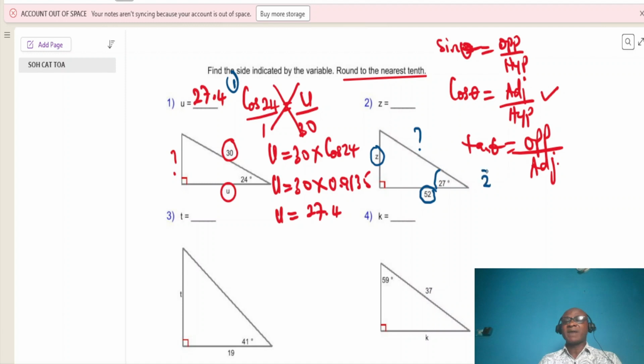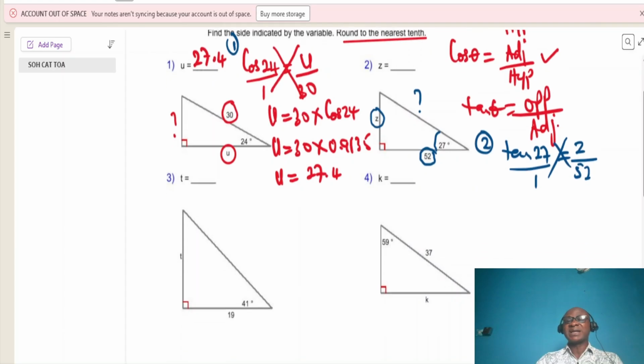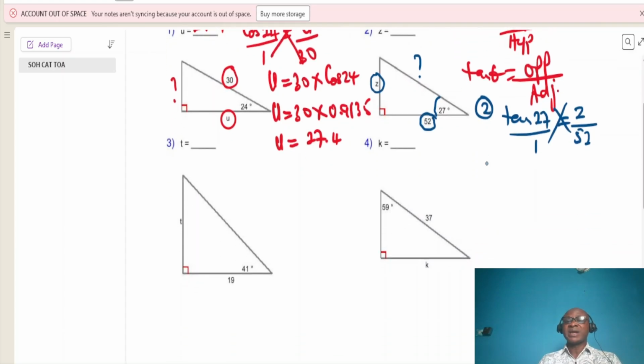Now for question number two, I will use tan 27 is equal to opposite, and the opposite is letter Z, all over 52, the adjacent. I will show my workings by taking a cross multiplication here. It means that letter Z will now be equal to 52 multiplied by tan 27.